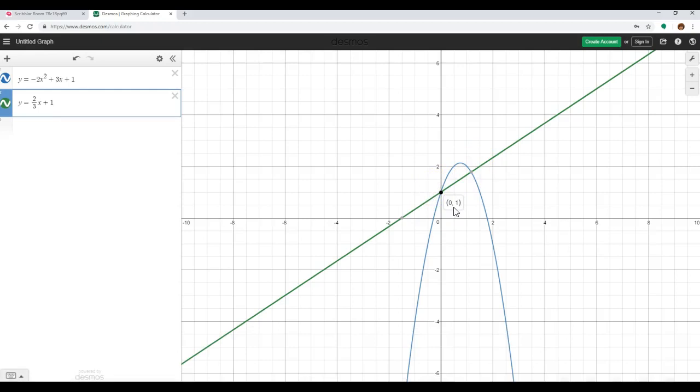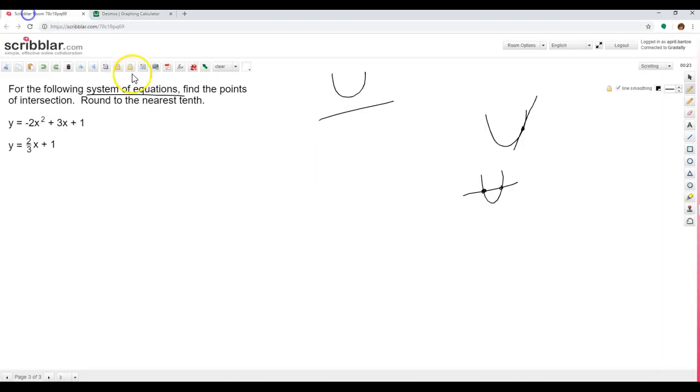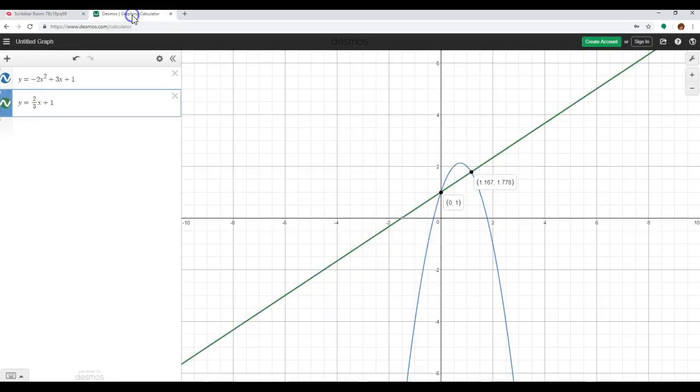This one is 0, 1. That's our first solution. And then 1.167, 1.778. So 0, 1. And then Desmos showed 1.667, 1.778. Oh, 1.167.